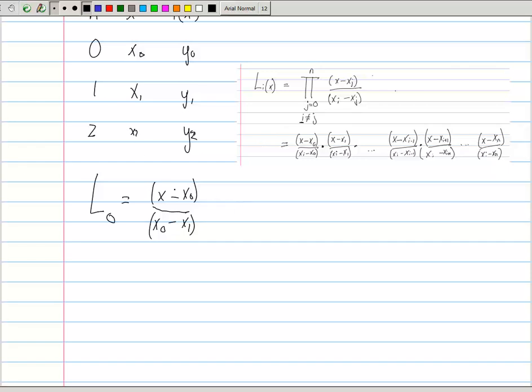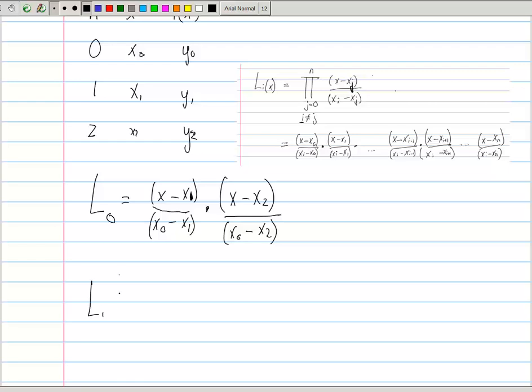My mistake. The top value, that is not an i, that is a j over there. So that is x minus x1 over x0 minus x1. Then that's going to be multiplied by our next term, which will have x minus x2 for j equals 2 over x0 minus x2. And that will give us our L0.